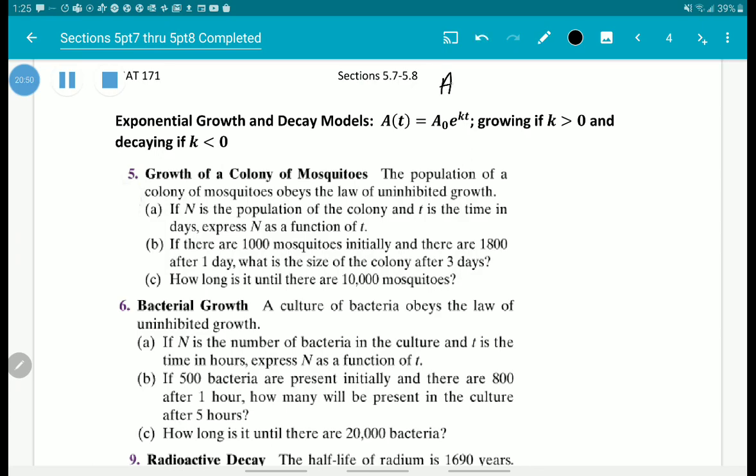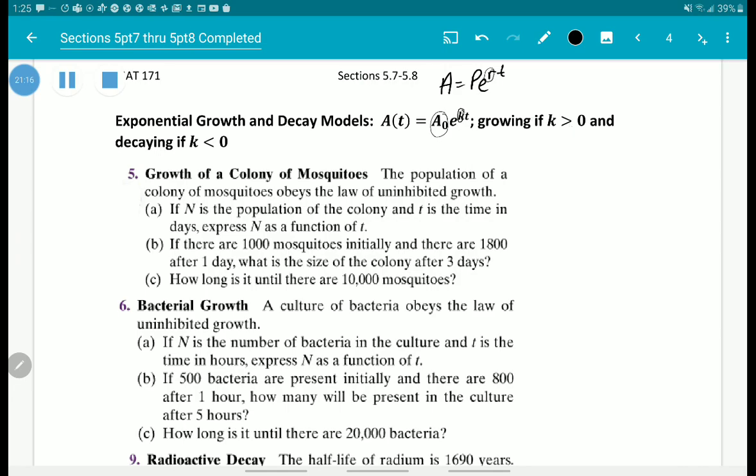Exponential growth follows what's called the law of uninhibited growth. And your formula really looks a lot like that PERT formula, and that's because it is the PERT formula. They're using a different variable here instead of P. You're always going to be growing if that rate, which we used R for when we were talking about money, now we're using K, is positive.